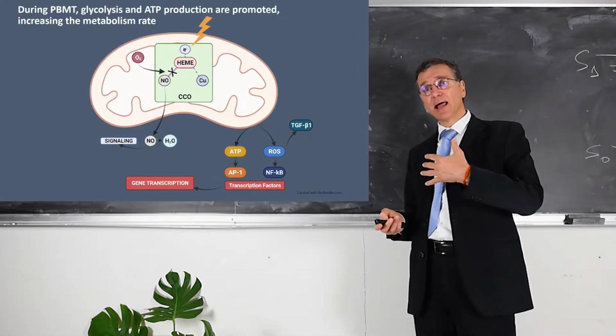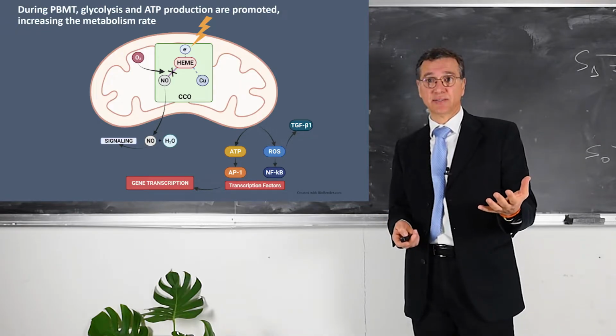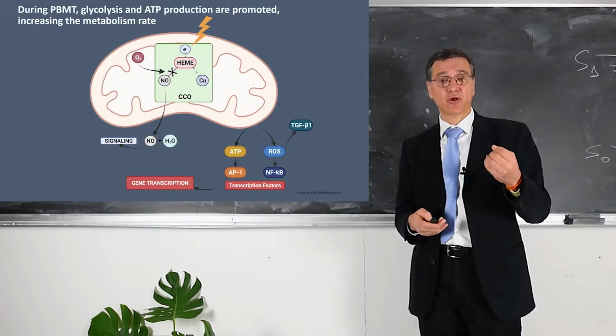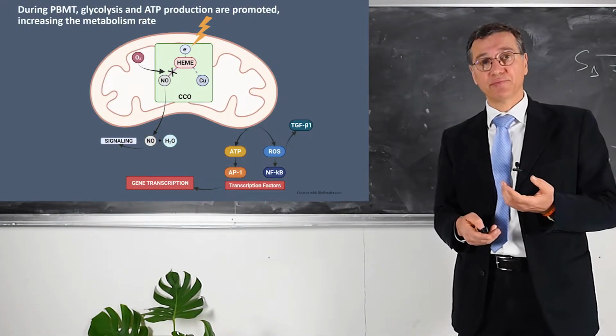What happens when the light invests the cells? Well, it invests all the compartments of the cells and invests also the mitochondria. The mitochondria has inside a very important component, which is the cytochrome.